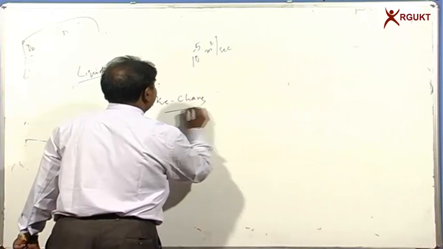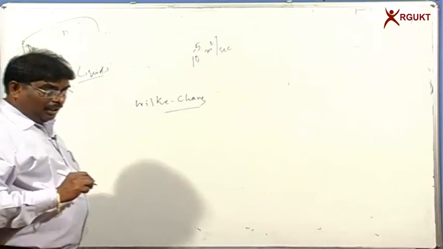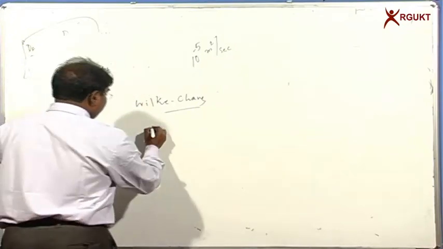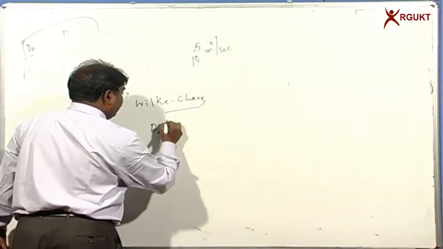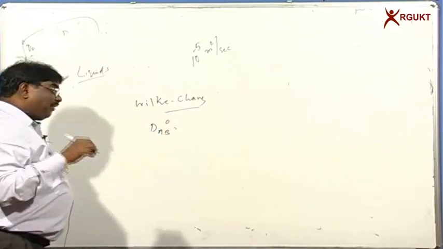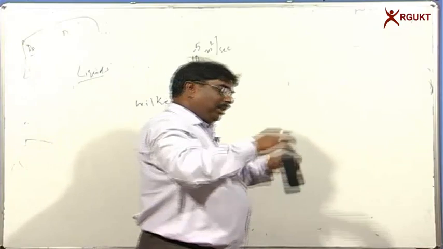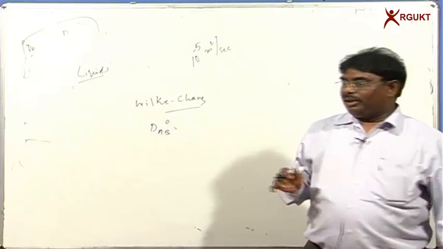This Wilke-Chang equation is based on the Lennard-Jones potential and kinetic theory of gases. Your diffusivity of component A in B at infinite dilution, where 0 indicates infinite dilution, that means the B quantity is very large, whereas the A quantity is very small.